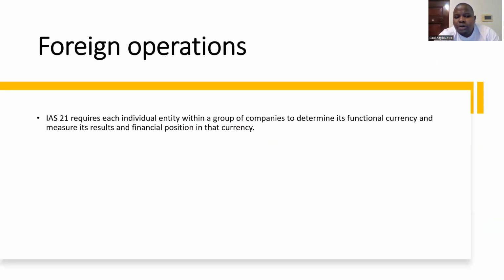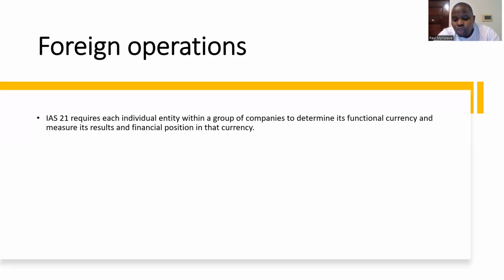Now, IAS 21 requires each individual entity within a group of companies to determine its functional currency and measure its results and financial position in that currency. When a company has a foreign operation, as I said earlier, say a Malawian origin company having an operation in Botswana, the company that is in Botswana may be trading in Pula, Botswana Pula.